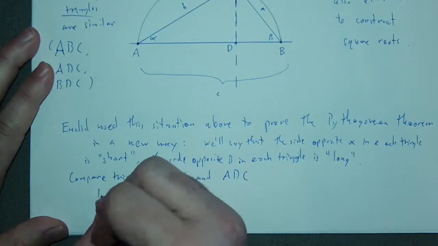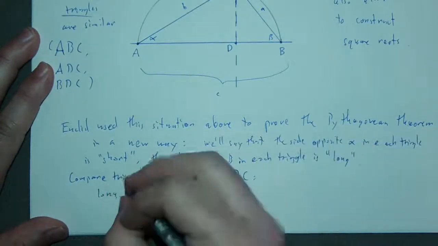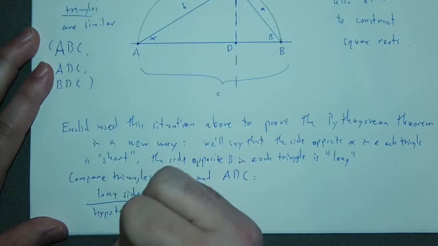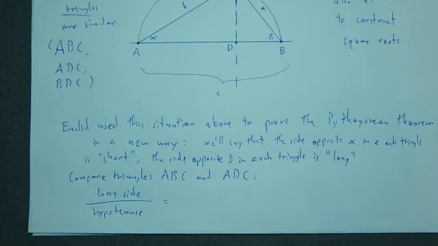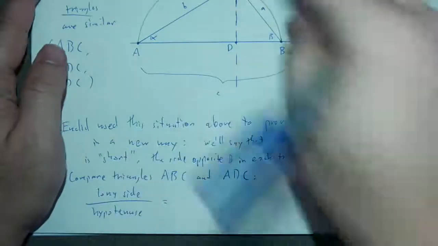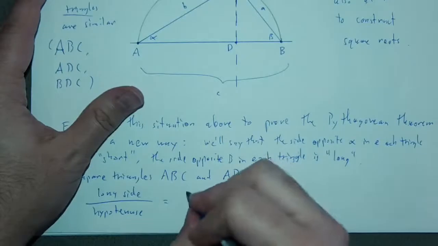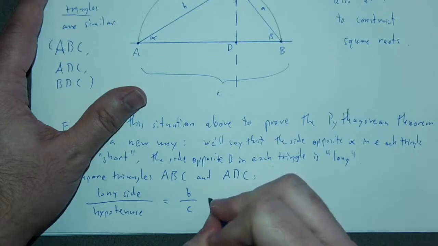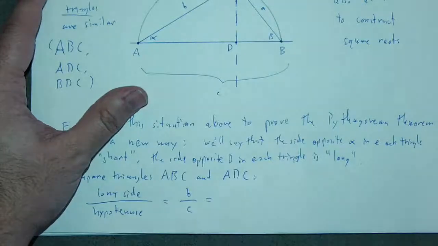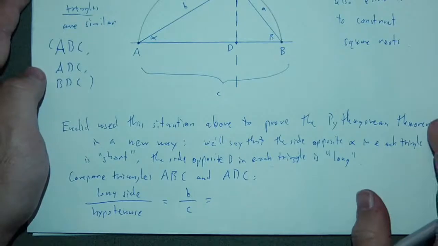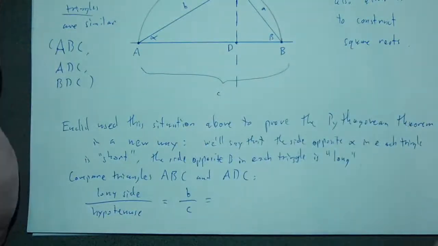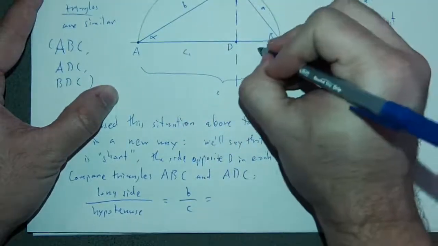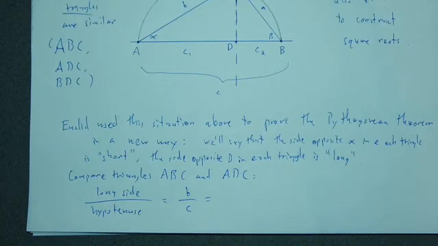Okay, so then what we get is long side divided by hypotenuse. In the big triangle ABC, the long side is B and the hypotenuse is C. So long side over hypotenuse is B over C. In ADC, that's the triangle on the left, I get these two lengths here that I need to give names because I don't have a label for them yet. So we'll call this C sub 1 and we'll call this C sub 2.